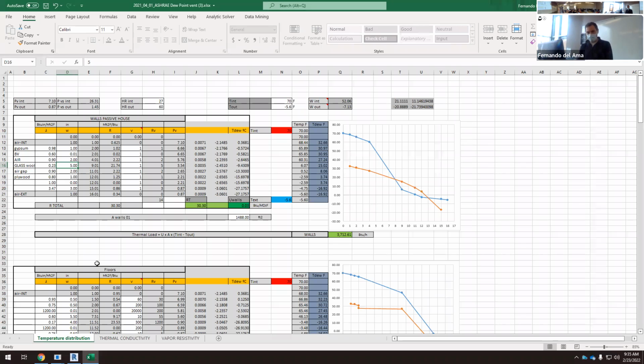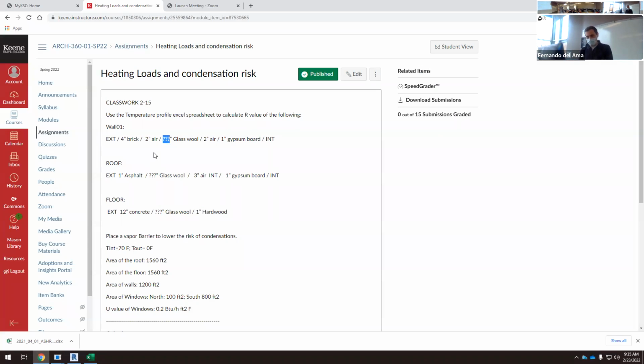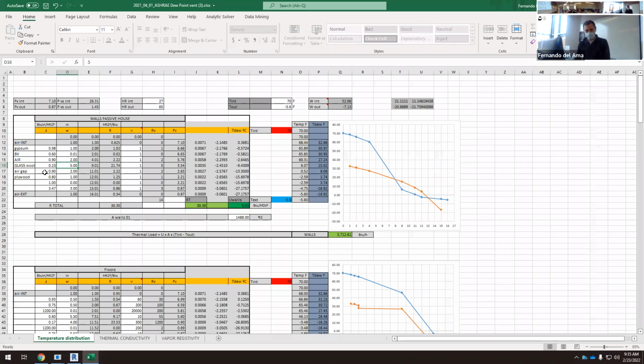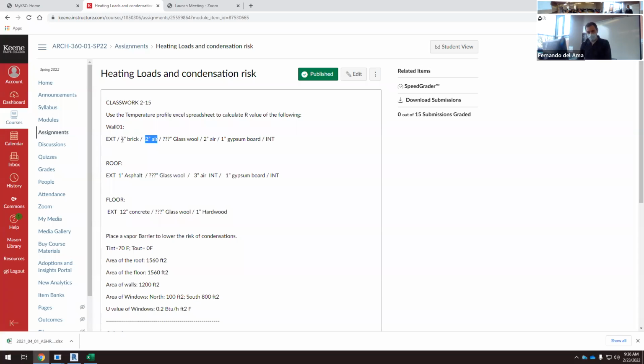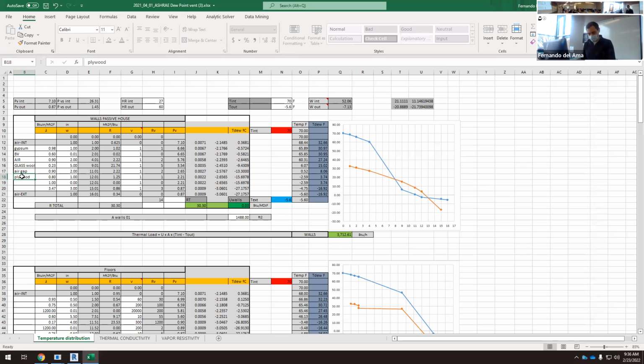Okay, so we have glass wool. Then the next layer is the air gap, 2 inches. So we have another air gap. The thermal conductivity of the air gap is 0.9, and we have 2 inches, same here. And then the last layer is 4 inches of brick.